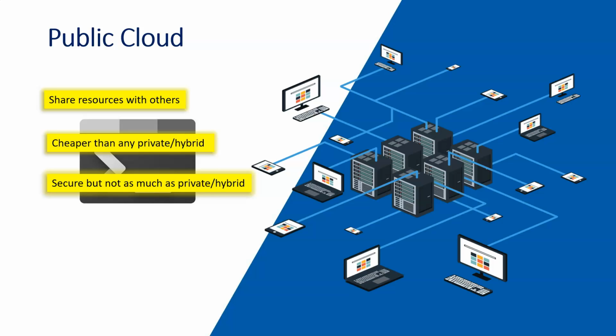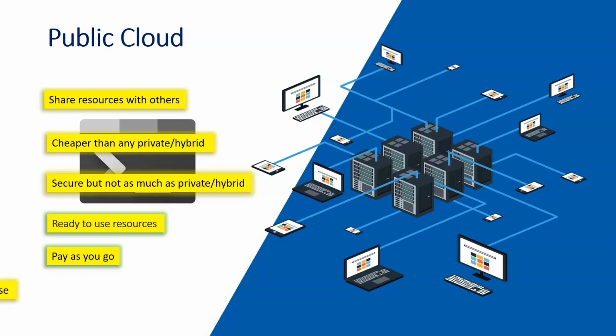It is secure, but it is not as secure as private cloud. Public cloud provides resources ready to use. You just need to deploy your application and then you're good to go. And you just need to pay as much as you use. Okay. So that's all about public cloud.